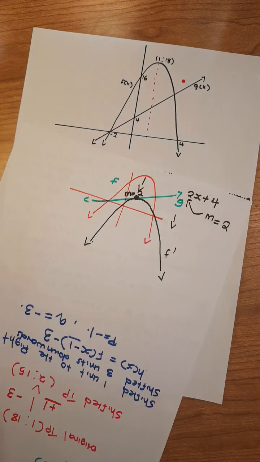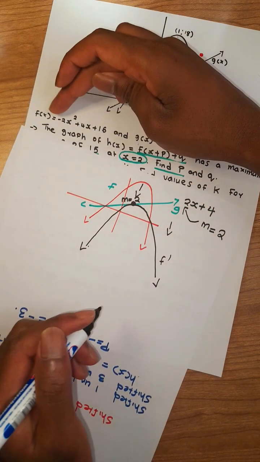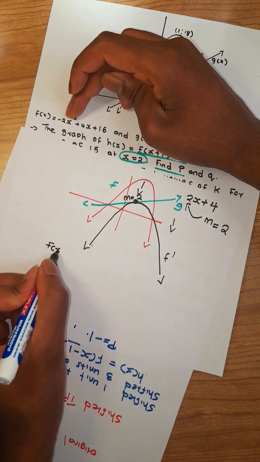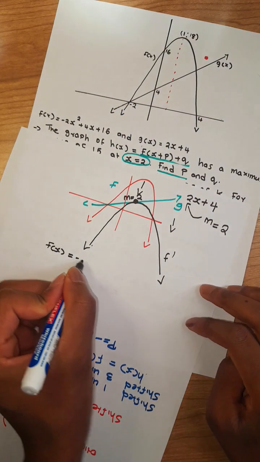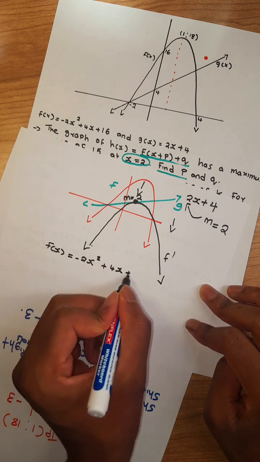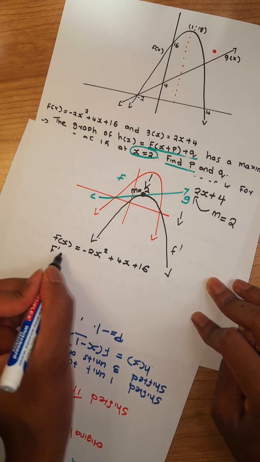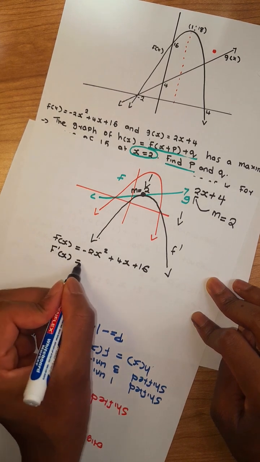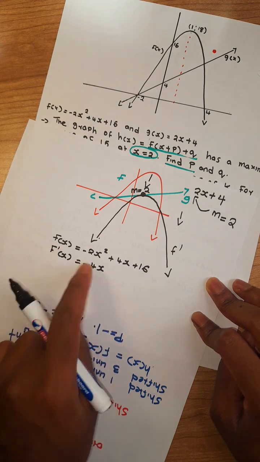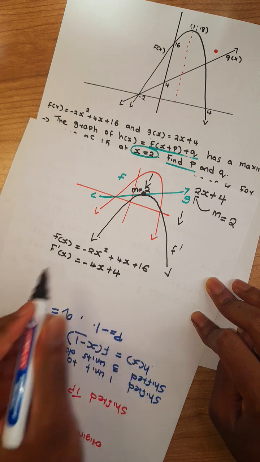What comes into your mind when we talk about gradients? Well, we know that the equation of this function is f at x equals minus 2x squared plus 4x plus 16. If we derive this for the first time, we're going to have minus 4x plus 4.